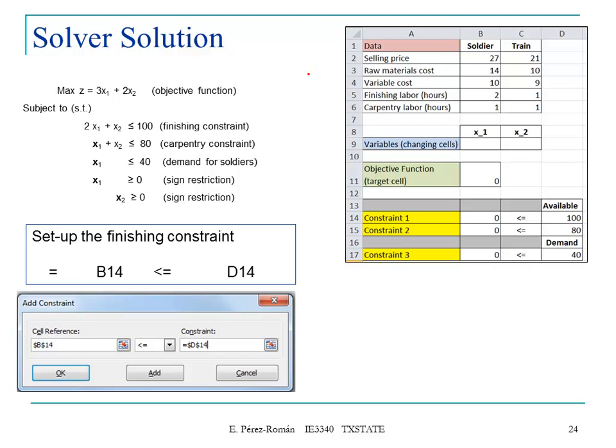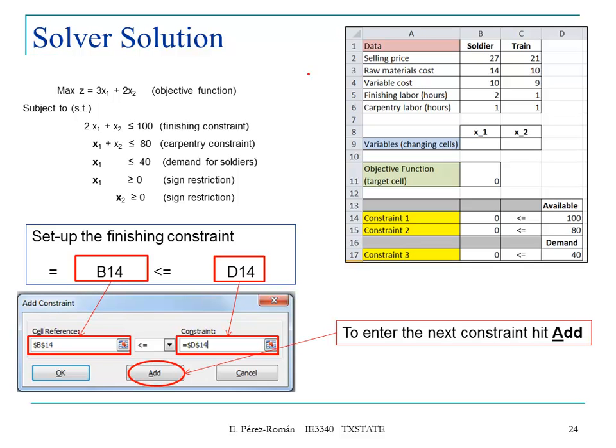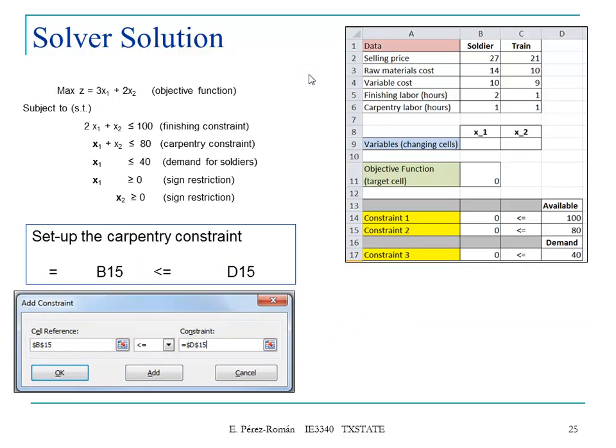And then your right-hand side is just this value right here. So insert the left-hand side, the sign, and the right-hand side for the first constraint. And then if you need to add another constraint, just hit add to enter the next constraint.